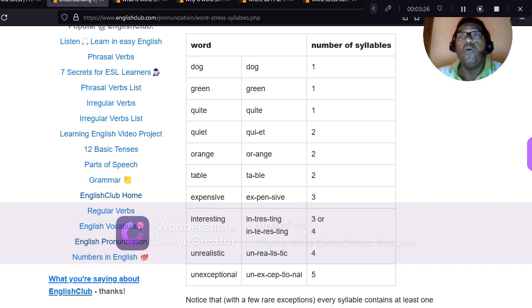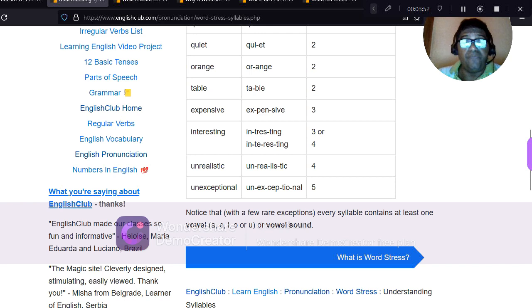Now we could say it with three syllables, or we could also say it with four syllables. Unrealistic. Four syllables. Unexceptional. Five syllables. Notice that with a few rare exceptions, every syllable contains at least one vowel, A, E, I, O, or U, or vowel sound.